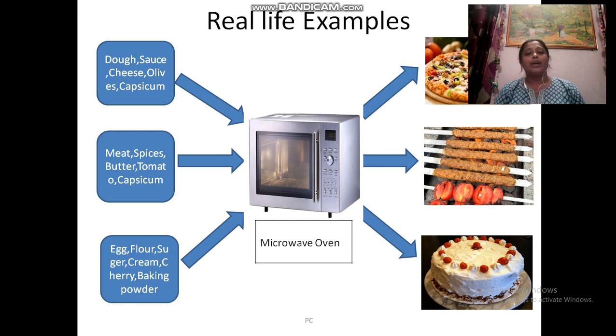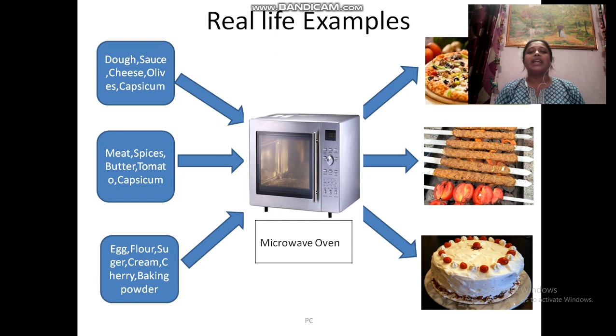Instead of downloading and installing different banks' applications, we can install one application for all banks. This will cause less space consuming, less time consuming also. So all these real life examples can be considered as method creation.